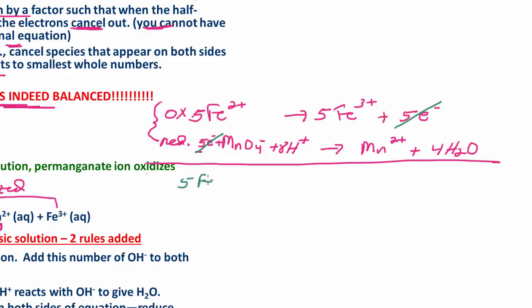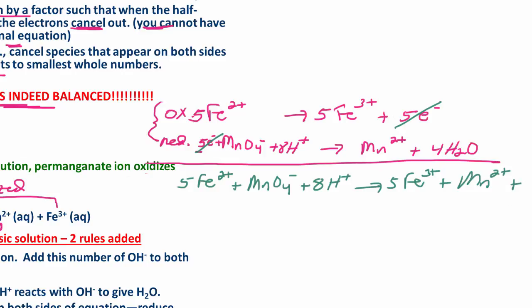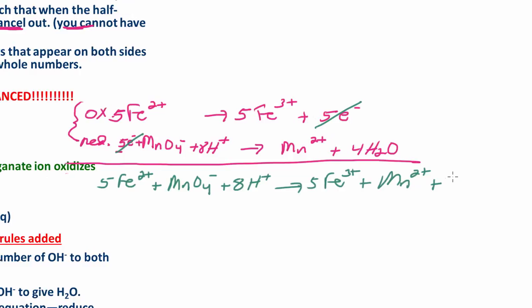So I have 5 iron 2 ions plus permanganate ion plus 8 hydrogen ions. And then on this side I have 5 iron 3 ions plus manganese 2 ion plus 4 waters.